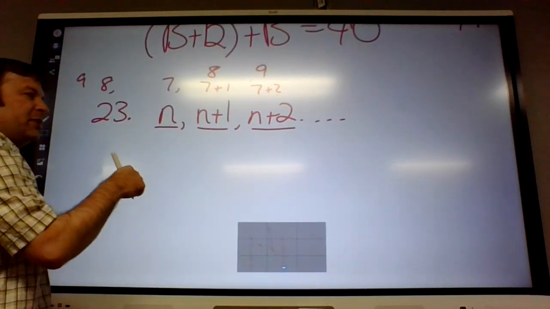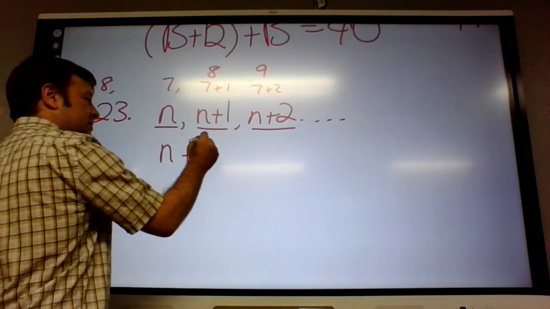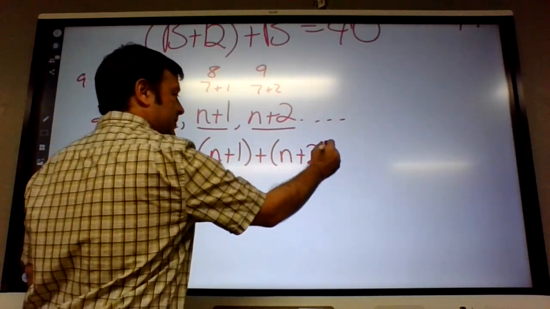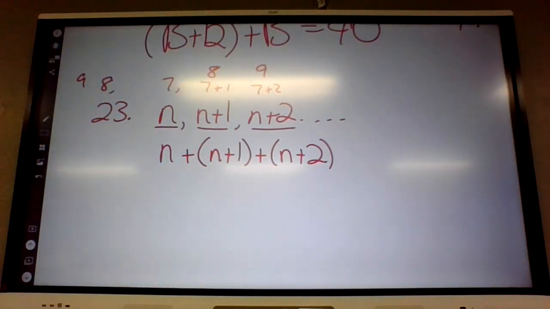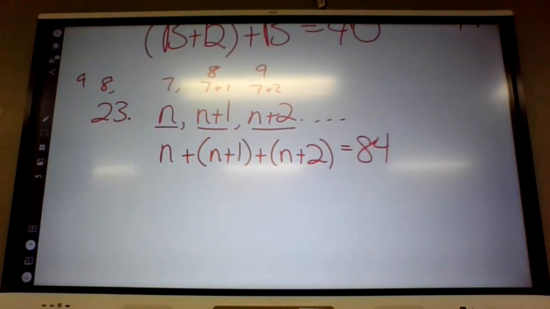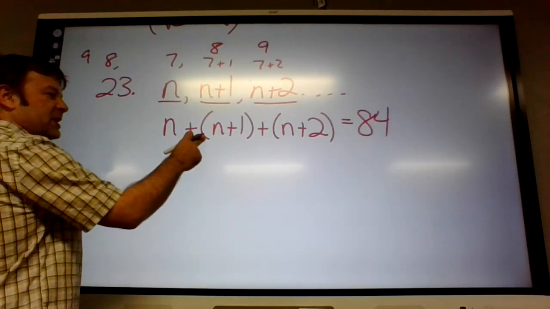It said the sum of 3 consecutive integers. What does sum mean? Addition. So if we add these together, do I really need parentheses here? No, it's just showing the 3 separate numbers. The sum of 3 consecutive integers is 84. Now, how can I simplify this? Does parentheses matter when we're adding?